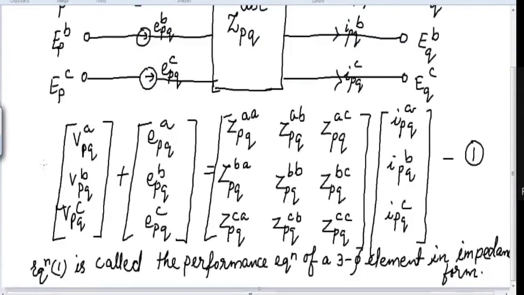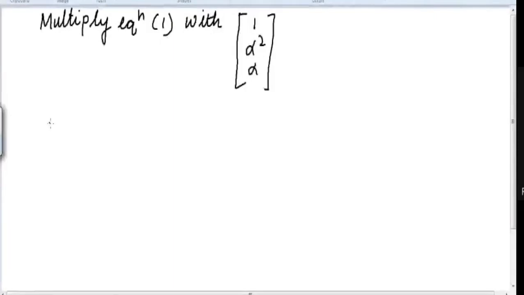So this will become 1 alpha square alpha multiplied by VPQA, VPQB, VPQC, right? And I have taken A as reference. So I will replace this complete term with VPQA, this complete term with EPQA, and this complete term with IPQA. So this I am going to do here. So let us see how this equation will get modified. So let me write the equation.